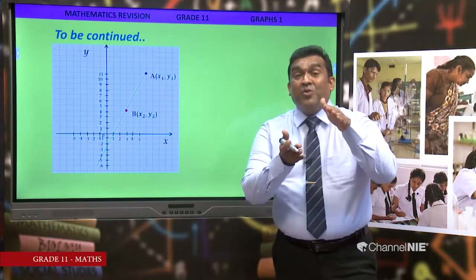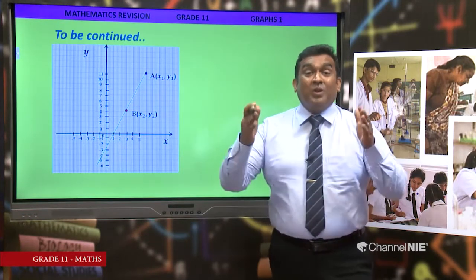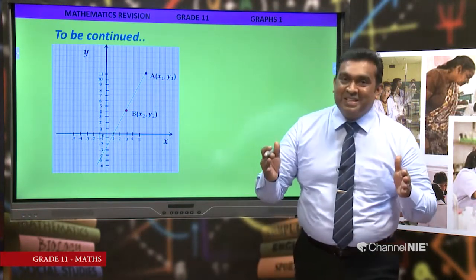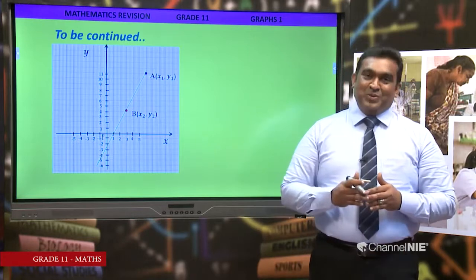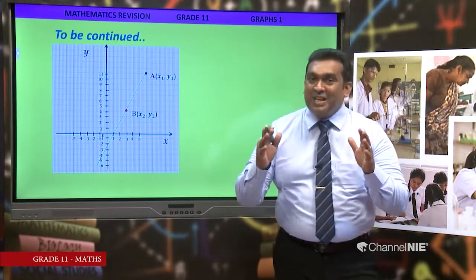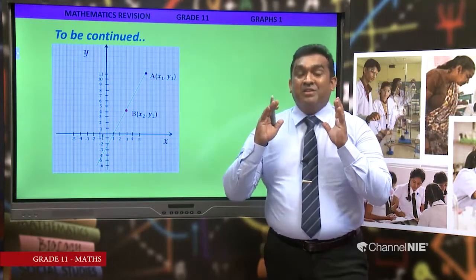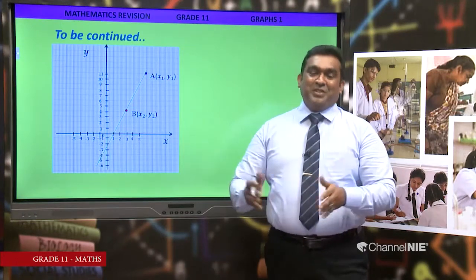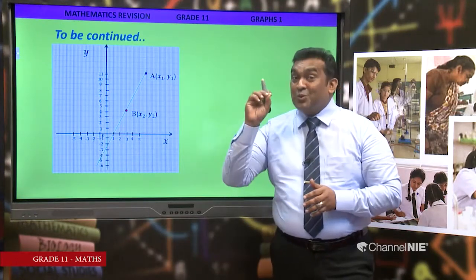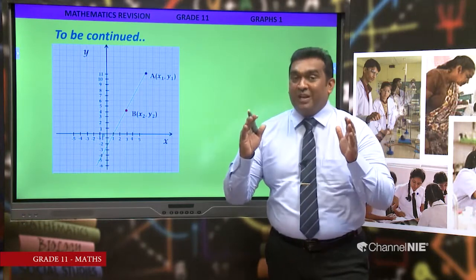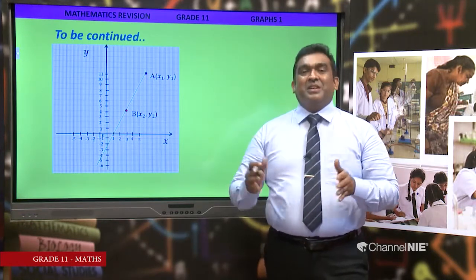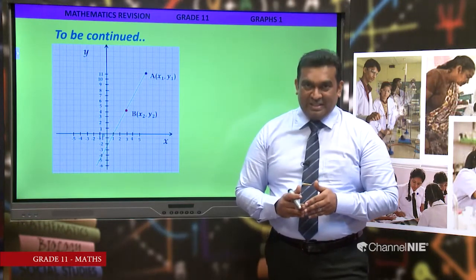Difference of y coordinates. How to get the horizontal distance? Difference of x coordinates. As a result, we can define the gradient of a straight line using 2 points: difference of y coordinates over difference of x coordinates.